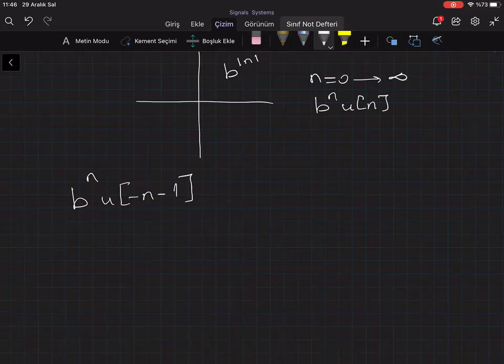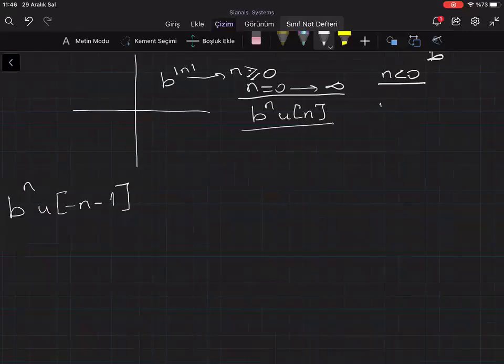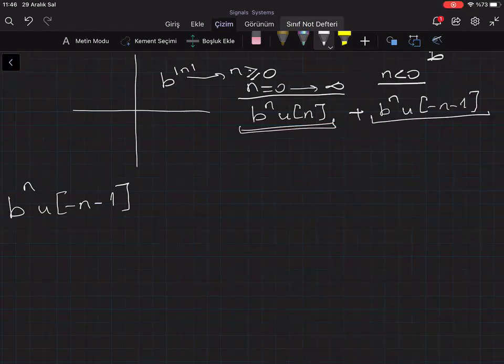I should think about 2 n domains, greater than or equal to 0 and less than 0. For less than 0, it is b to the power n, u of minus n minus 1. That's why I have these two terms in the same x[n].